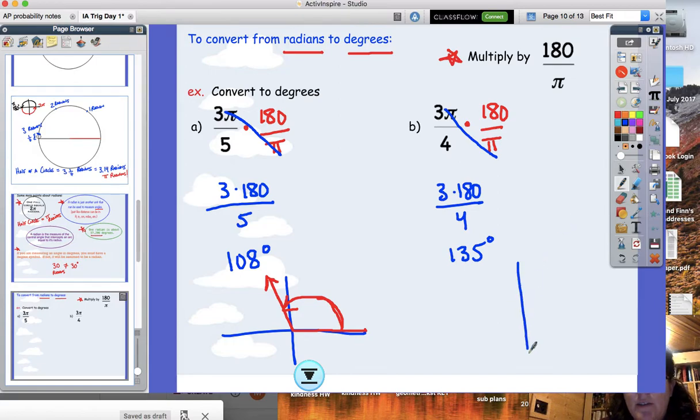I've already graphed this one out, but 135 is 45 degrees more than 90. 45 is half of 90. So if this is a 90-degree angle right here, I'm going to split it in half. So here's 90 plus 45 more. That's 135 degrees.